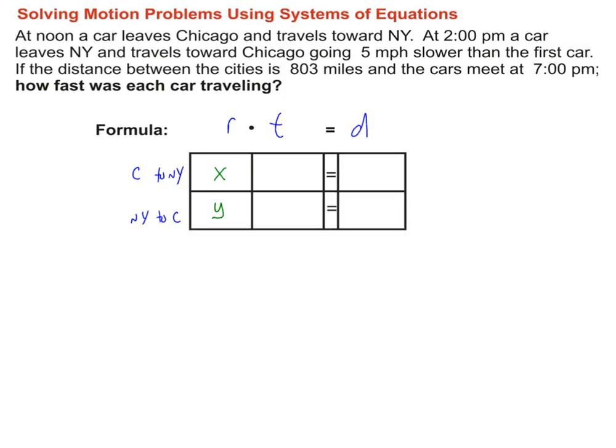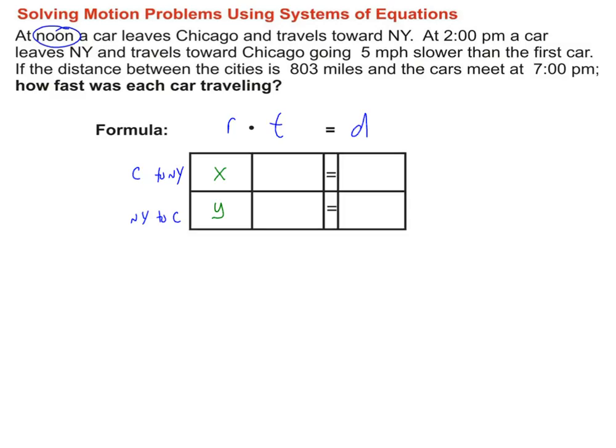All right, great. We're down to only 4 empty blanks. Look back at your problem, see if we can find time or distance. And remember, time would be Chicago to New York, distance would be Chicago to New York, how far that car traveled, and such for the second as well, New York to Chicago. All right, well, let's take a look. At noon, a car leaves Chicago and travels to New York.